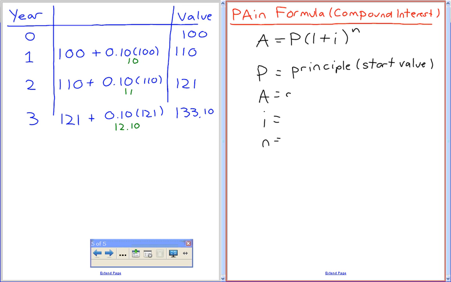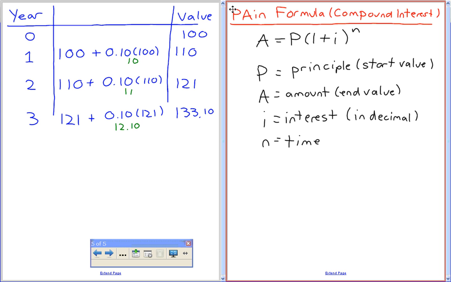A stands for amount, which is the end value. I stands for interest in decimal. And N stands for time. So those are the four variables there.